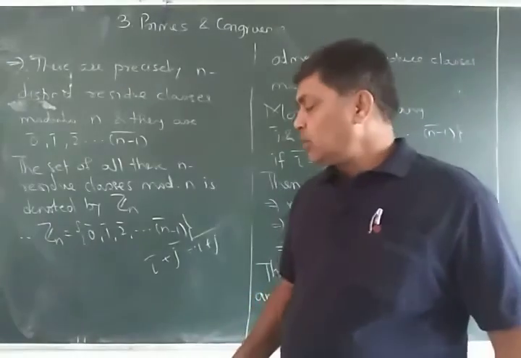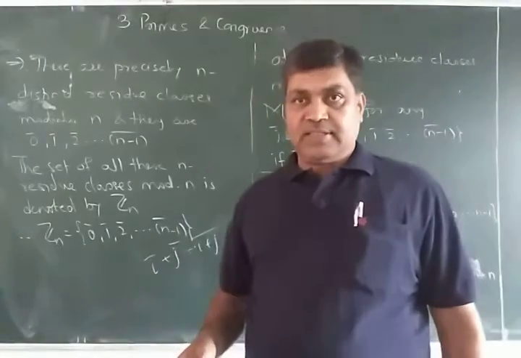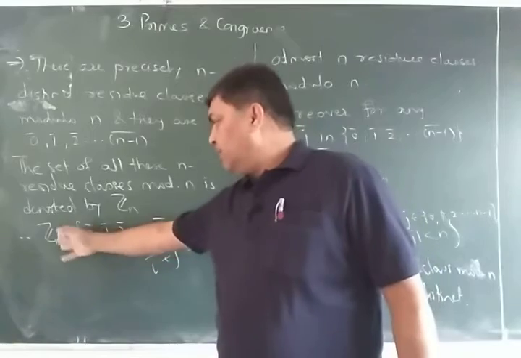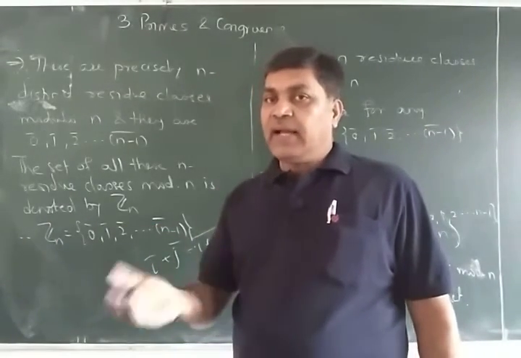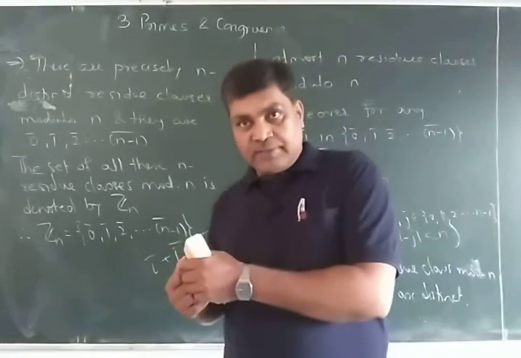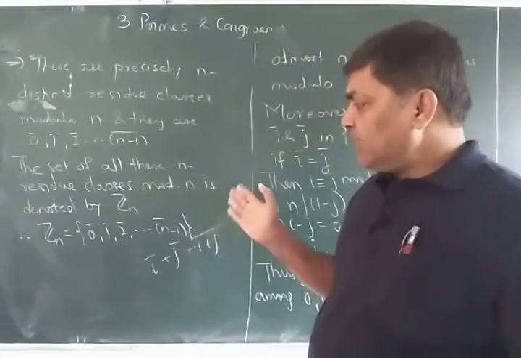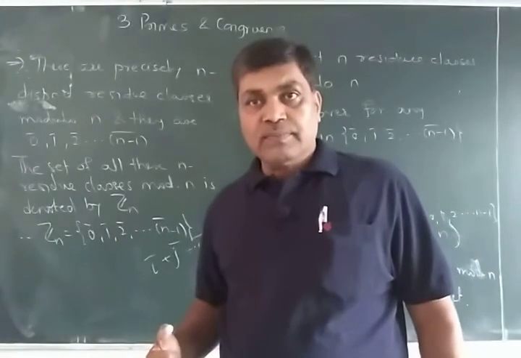On the same line, as we are able to talk about the multiplication of integers, if I take i bar and j bar to be two elements in Zn, then I can define i into j. It is again some integer. It may be greater than n. But if I divide it by n, it leaves some remainder up to n minus 1.